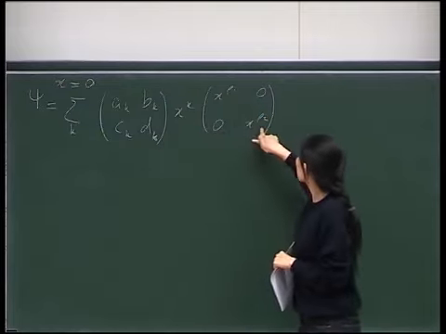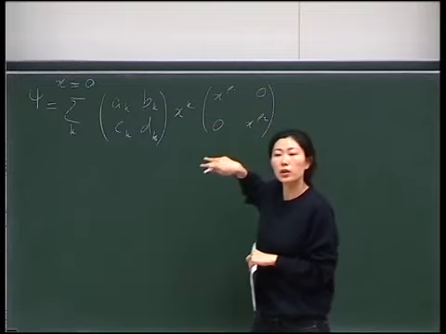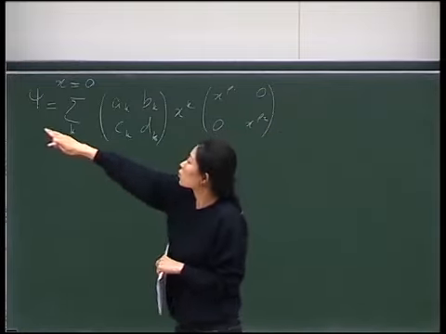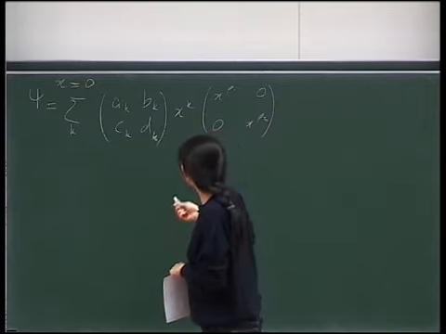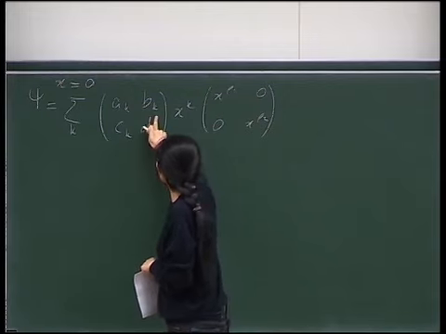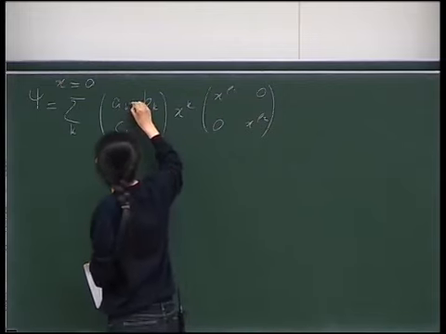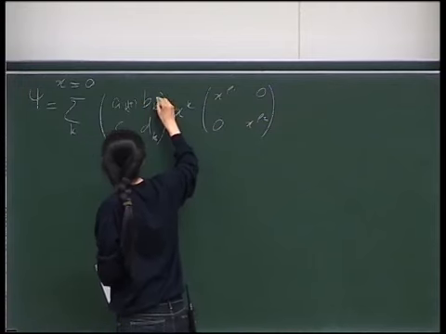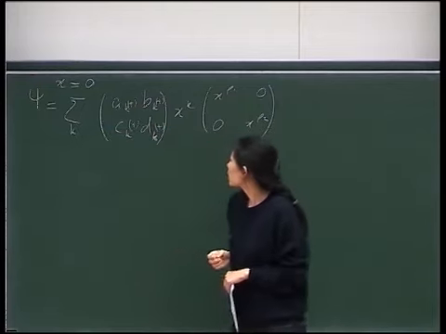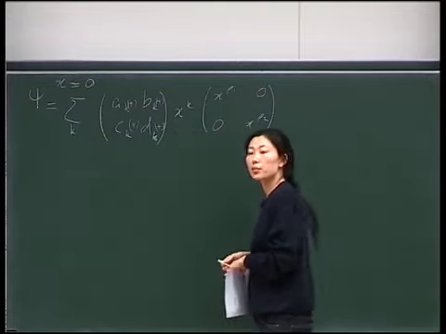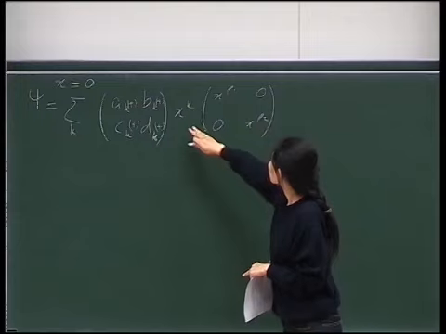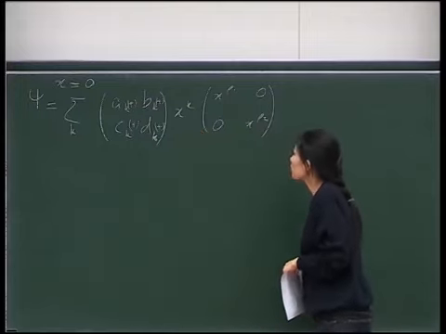These are the leading powers of the two linearly independent solutions of this 2 by 2 linear system, where A, B, C, D are actually functions of t, because phi is a function of both x and t, really. But we are expanding around x equals 0 first.